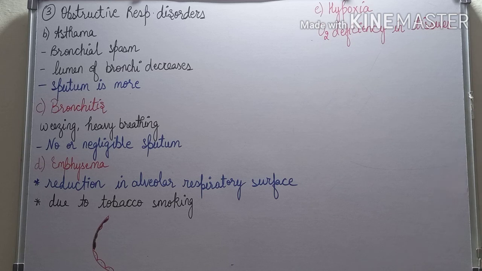So since there is less hemoglobin available for forming oxyhemoglobin, for the transport of oxygen, ultimately there will be oxygen deficiency in our body, in the tissues, and that condition is known as hypoxia, which will again cause severe respiratory problem. So with this we have finished with our respiratory disorders.